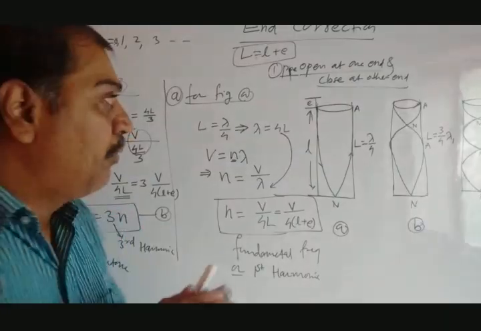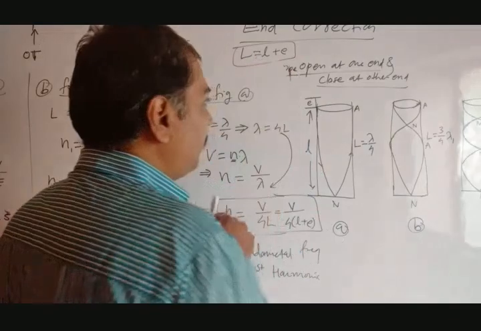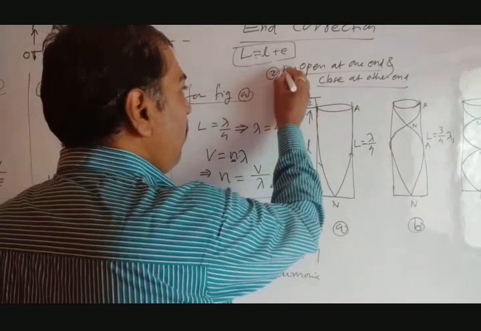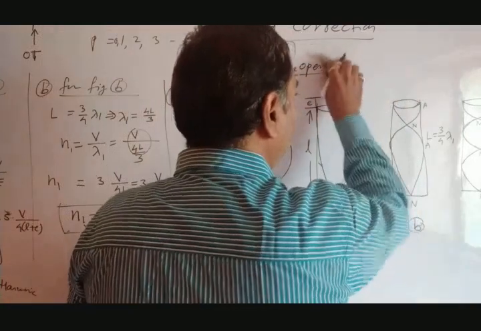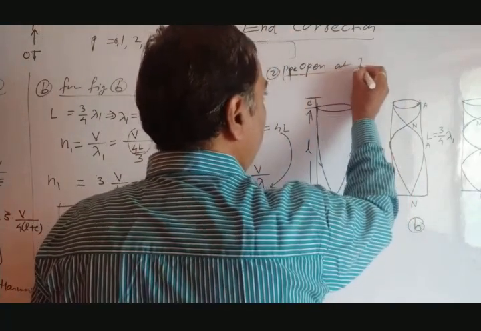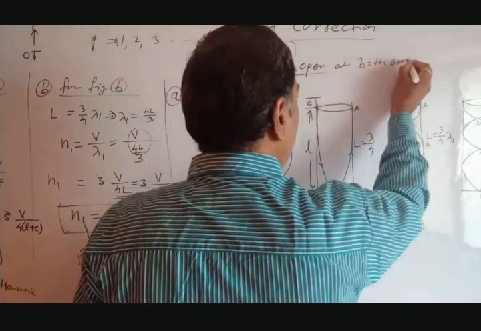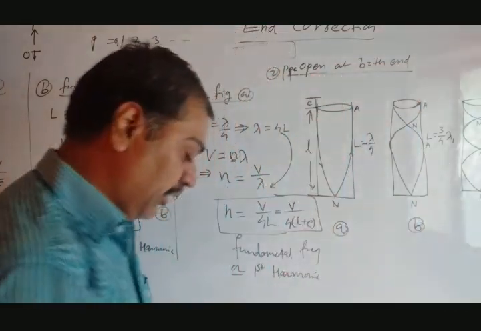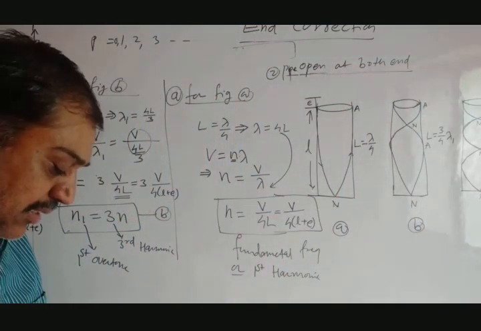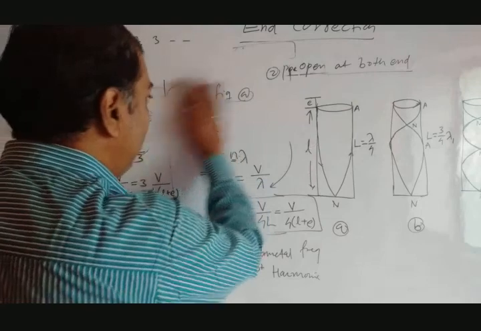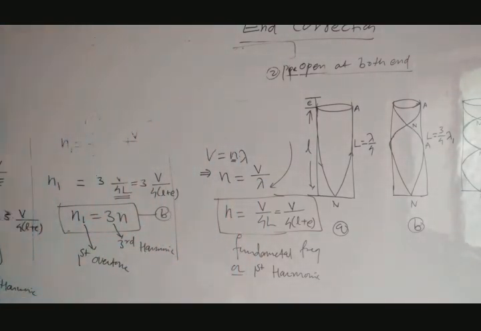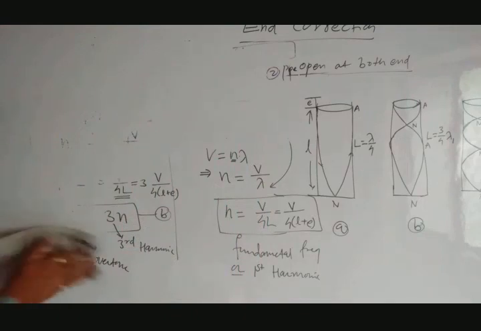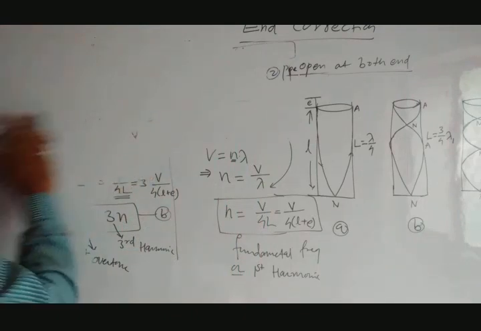So again we have to consider this pipe, the second one, a pipe open at both ends. As the boundary condition gets changed, what does the boundary condition say? The boundary condition says that an antinode is always formed at the open end and a node is always formed at the closed end.